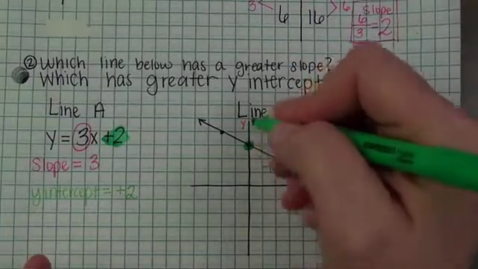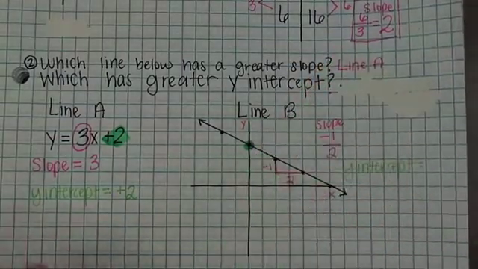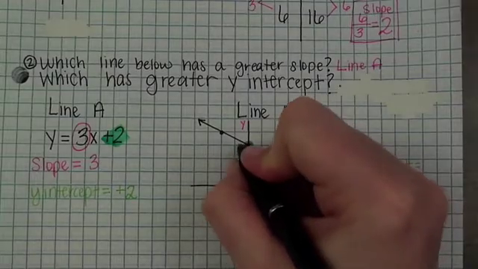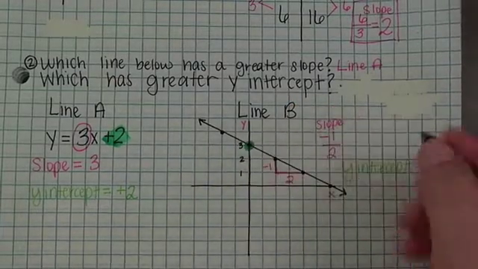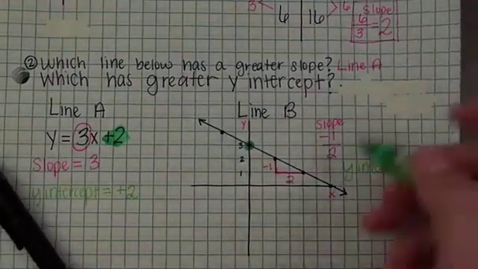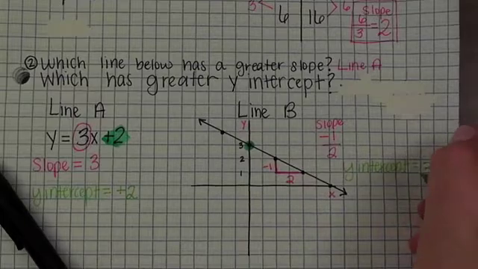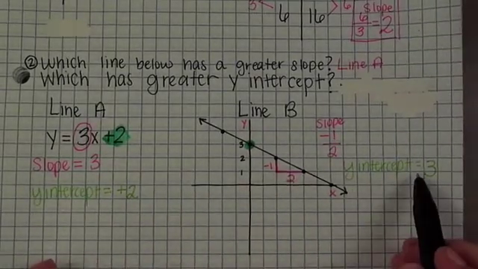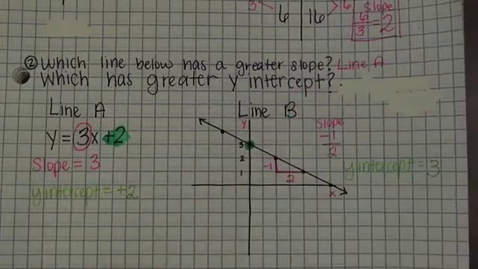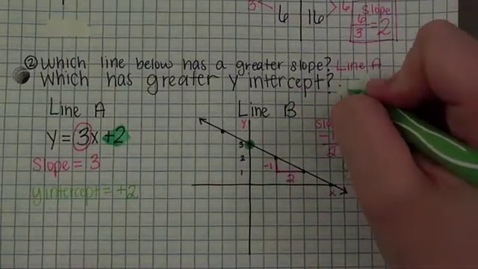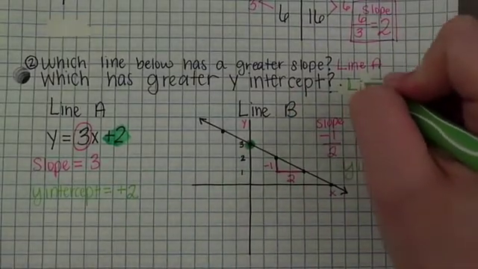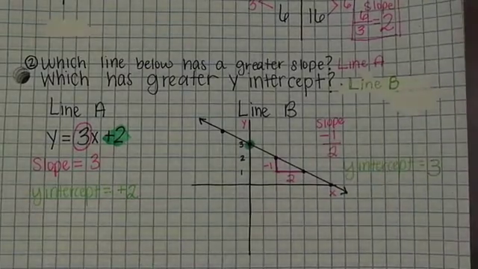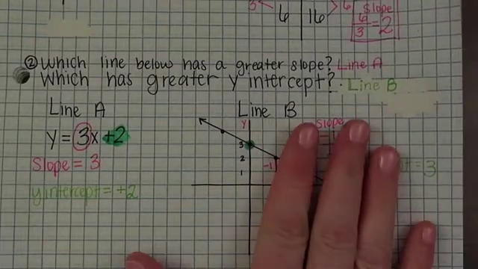It crosses the y-axis at a positive, and notice there's no scale, so we know it's going by ones. So it'd be 1, 2, 3. The y-intercept on this one would be 3. Out of 2 and 3, the one with the greater y-intercept would be line B. So that's how you would compare.